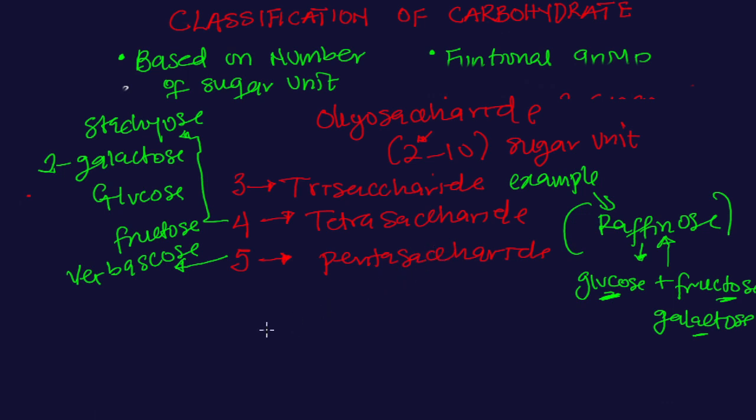It has 3 molecules of galactose in the structure, then 1 glucose and also 1 fructose. If you look at it very well, 3 plus 1 plus 1 is 5. So that's an example of the common ones that we have.